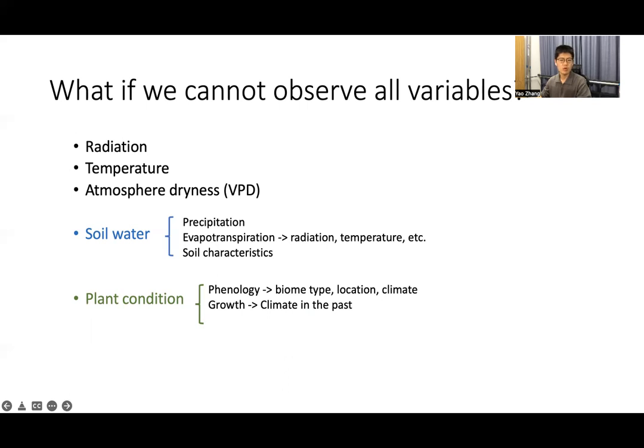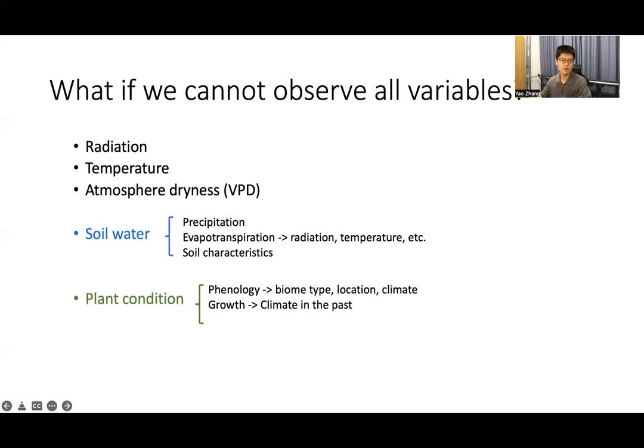However, soil water and plant conditions are also affected by climate conditions. That means they can be predicted by the climate variables in the past. For example, soil water is affected by precipitation, evapotranspiration, and soil characteristics.